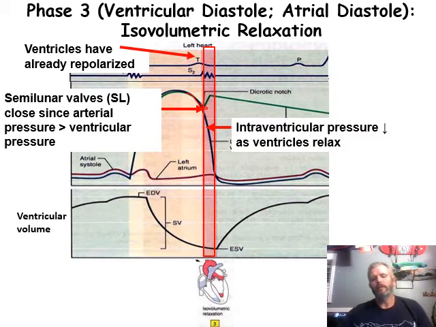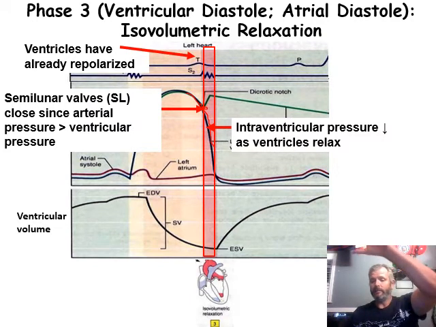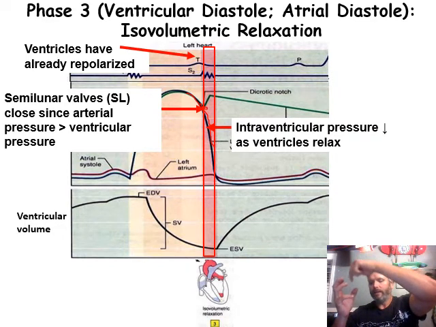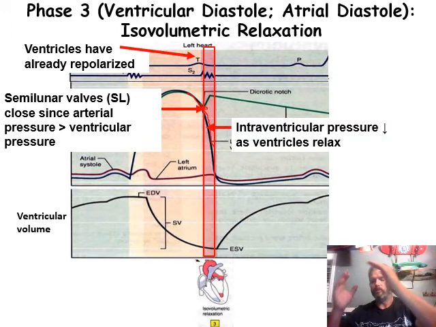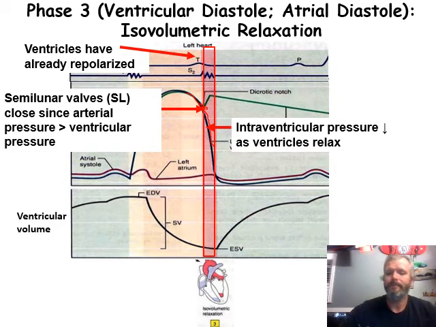So as the ventricular pressure continues to decrease, the pressure is higher in the aorta than it is in the ventricles, and blood from the aorta is going to want to rush back into the ventricles. But what happens? The semilunar valves snap shut. When the semilunar valves snap shut, we get our second heart sound.